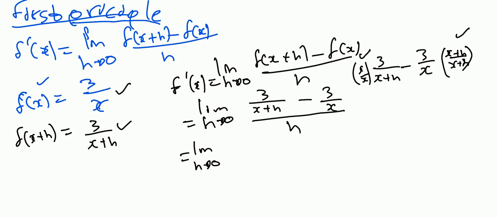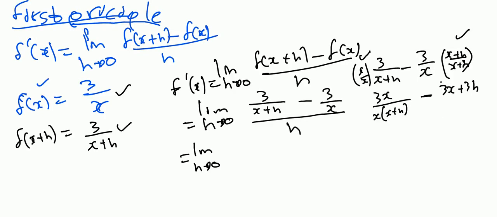Then when we multiply, on this side we have 3x over x into x plus h. Then minus, what is 3 multiplied by x plus h? It is 3x plus 3h. Put it in brackets to show that this negative affects this whole thing. Then the denominator is x into x plus h.